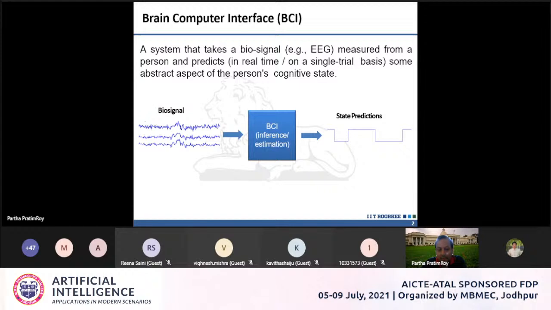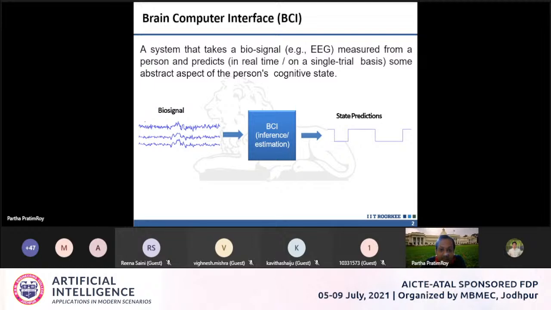Cognitive state means, for example, the person's emotion, like whether he is happy or sad. It could also demonstrate whether a person is in depression or not, or whether the person is interested in something, like some movies or some products, like e-commerce website products.